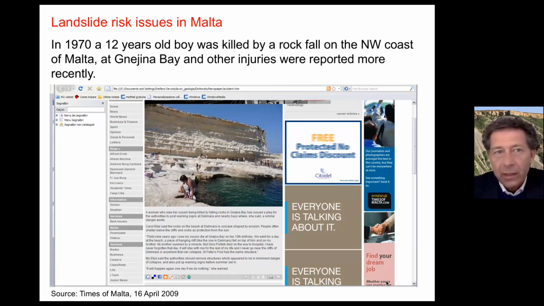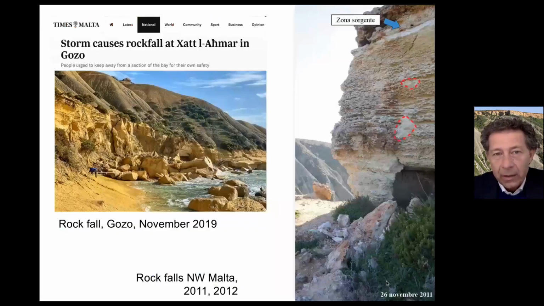But injuries are reported practically every year, because collapses like those related to coastal cliff erosion by sea action occur, or, as you can see on the right, where you have detachments of rock blocks near the coast affecting footpaths.